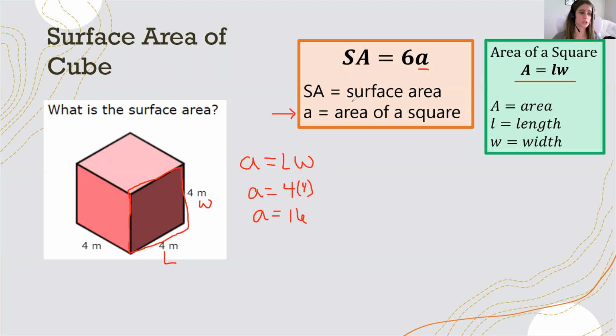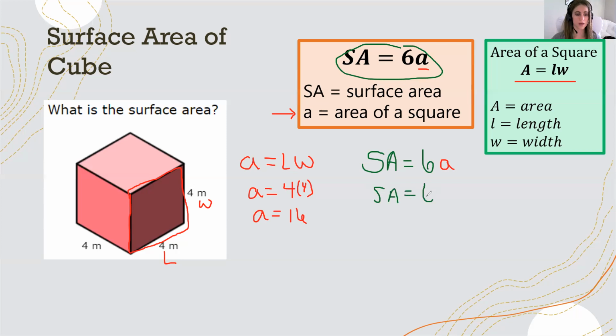If we want the surface area, we need to use this formula. Surface area is equal to 6 times the area of one side. The reason we multiply by 6 is because there are 6 total sides, and since it's a cube, they are all equal.